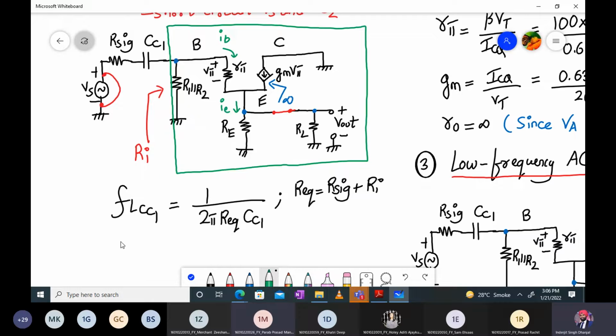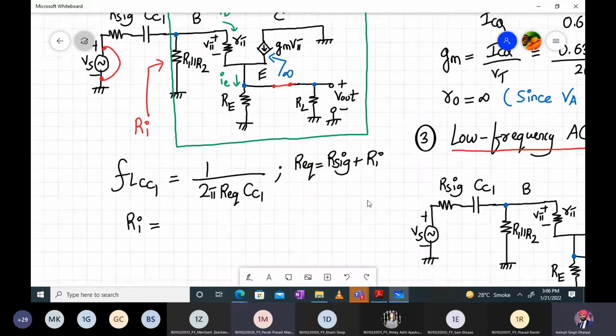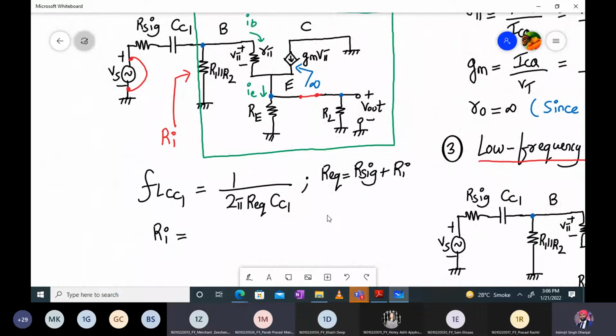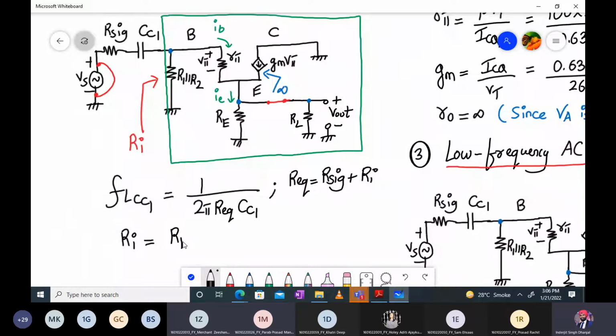Now tell me the formula for Ri. Okay. So Ri is R1 parallel to R2 parallel to R pi plus 1 plus beta times RE parallel to RL. We have just extended the concept.